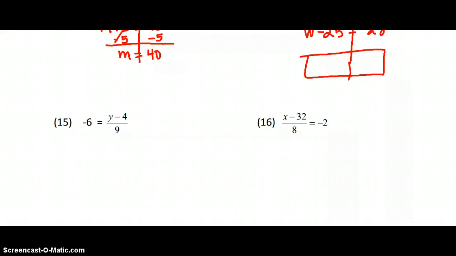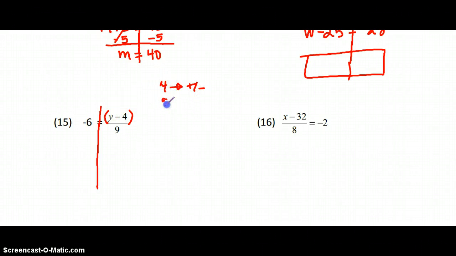Let's look at these. I'm going to start you again. 15. There's my line. What should I draw around the y minus 4? Because they have to be together before I divide. Here's my parentheses. So I can't do step 4 because it's inside of parentheses.